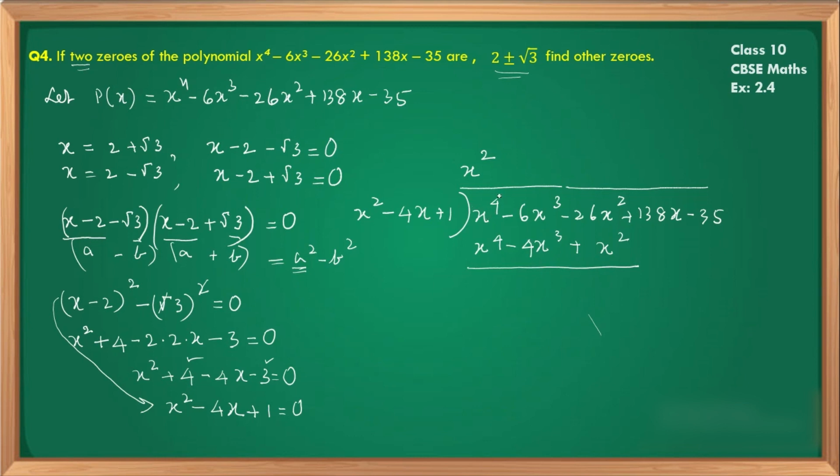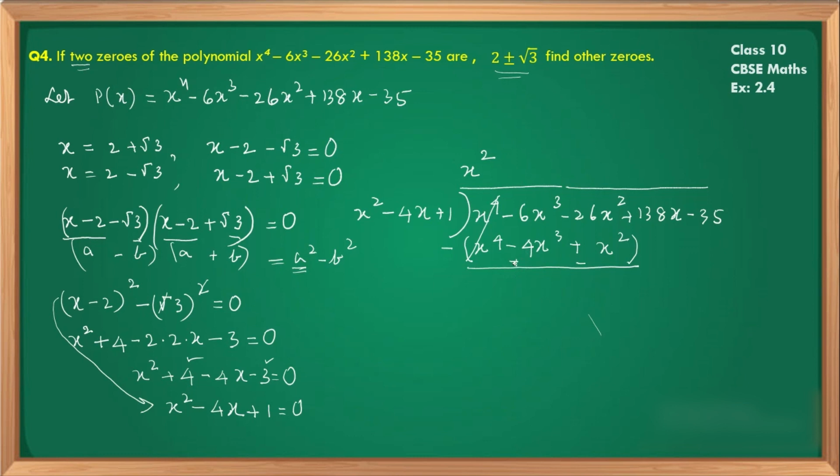Here, this gets cancelled. I know by now why we do cancellation, because we are going to subtract the whole thing together. Naturally, if we have plus, this becomes minus, and minus into minus becomes plus, minus into plus becomes minus. That is how we always say that the sign changes. This is subtraction. Now this goes off.